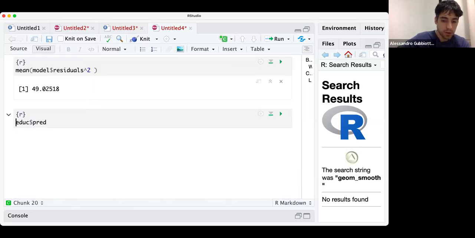Then we take the true points, so educ map, minus the predicted ones to the power of 2. These are the residuals, and then we take the mean.